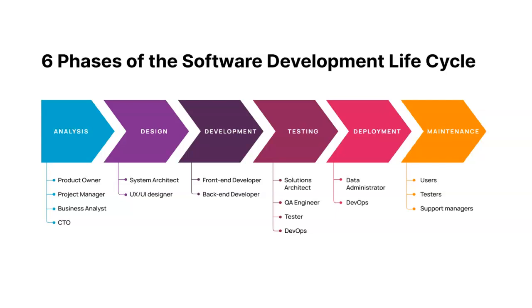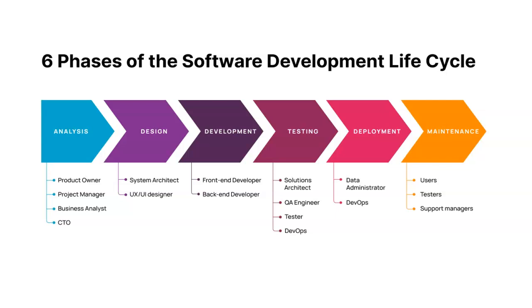Then once the development is done, it will go for testing. So we have a solution architect to test, or sometimes a quality analyst, a quality engineer, a tester, or a DevOps concept to test. And finally, after testing is completed, you will move on to deployment, which is when you are going to deliver the product.